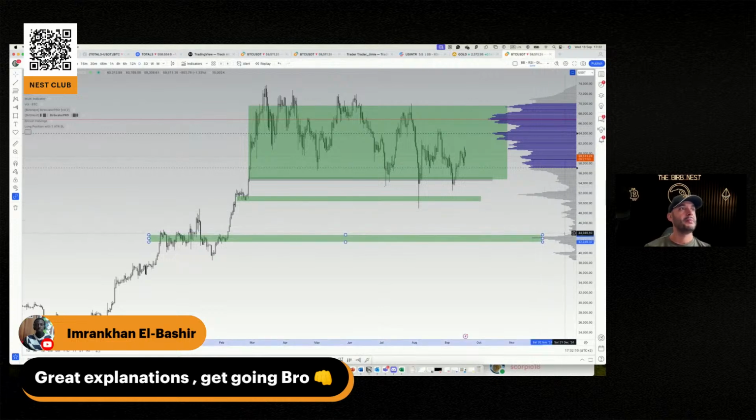We can also see this big gap here. Normally, the rule of thumb is when you see such a low volume, price can quickly travel through that low volume node, as it was proven previously that there was not much interest to buy Bitcoin at that time.